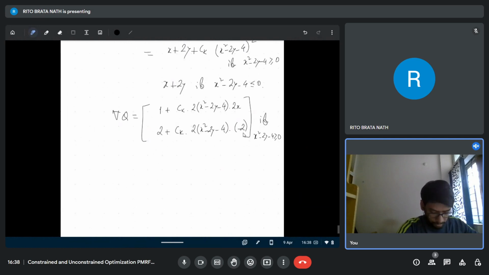So once you remove it, when c_k tends to 0, that's 4c_k x.